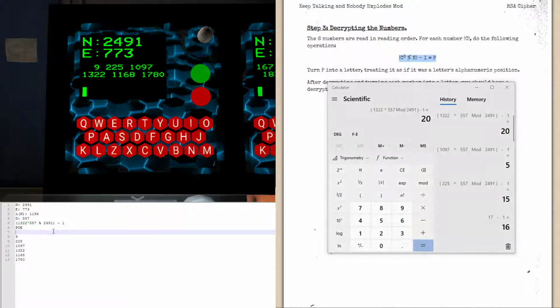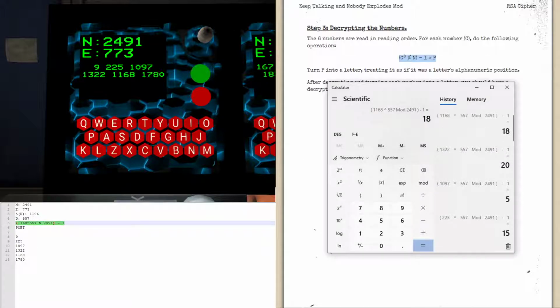Is 20. 20 is T. One, 168. It's 18. 18 is R. Finally, we have this. That is 25. That's a Y. And we spell out the word poetry.